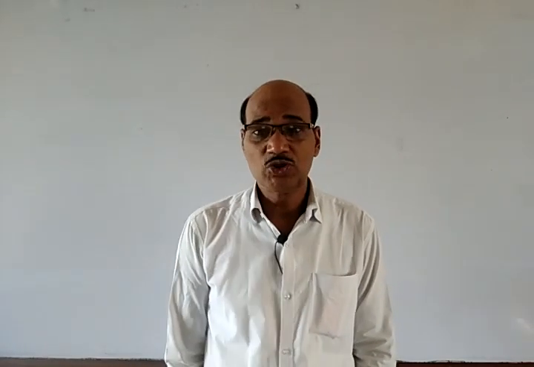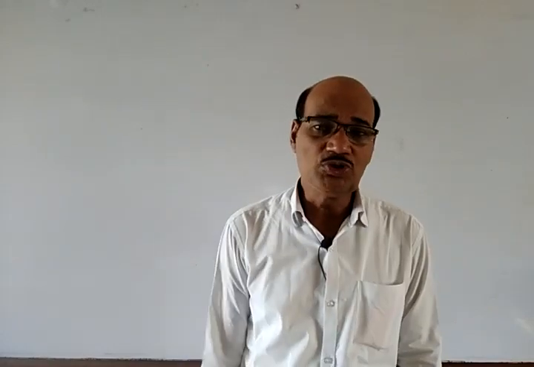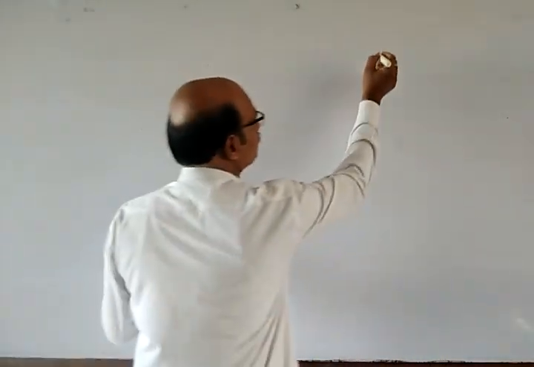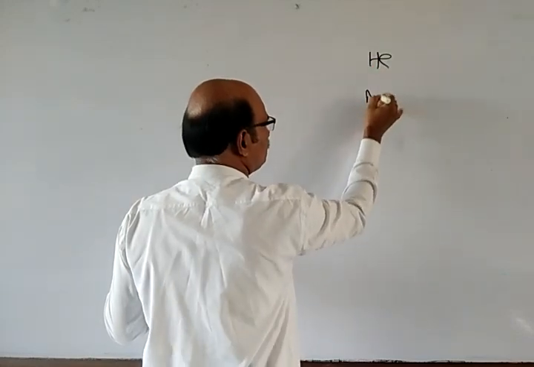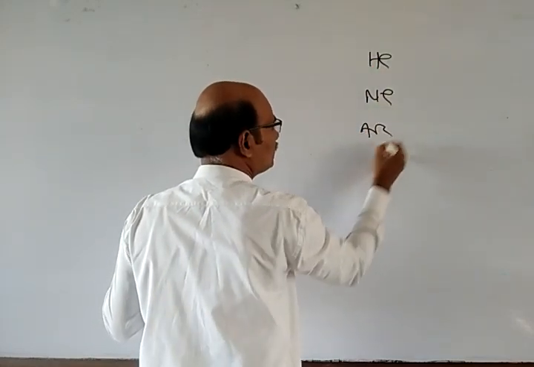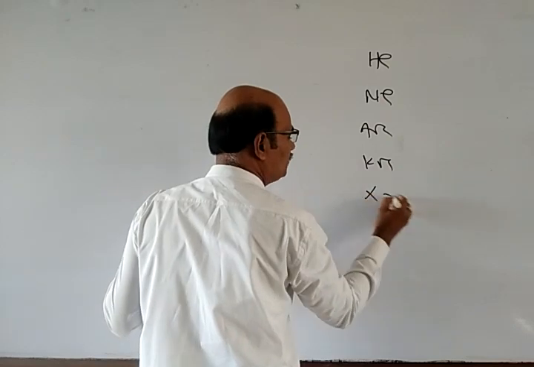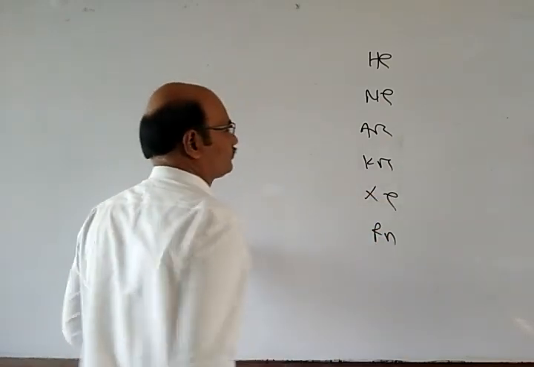Now, the most important thing we observed in the periodic table is what? We have 18 groups, group 1 to 18. And in the last group, called group 0 or group 18, we have helium, neon, argon, krypton, xenon and radon.